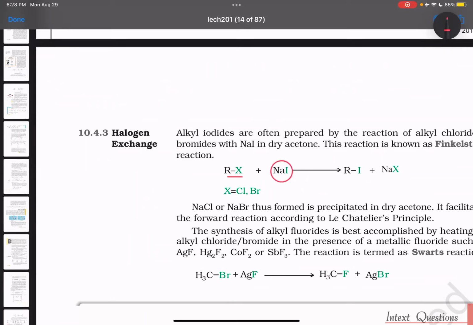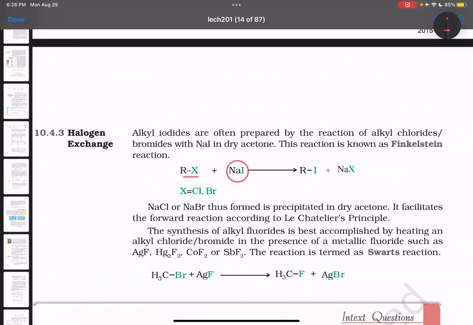This is known as halogen exchange. So iodobenzene you can't have directly. You prepare chloro or bromobenzene, you mix it with the NaI and you heat it. So I minus will come and it will replace the chlorine or bromine.